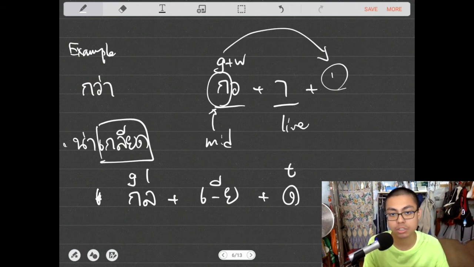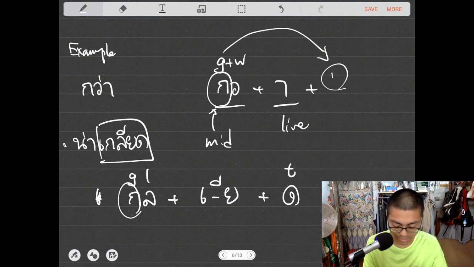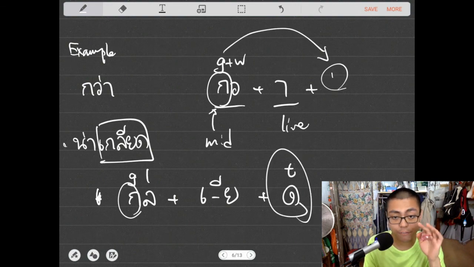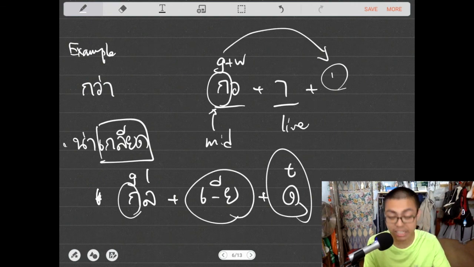The tone of this syllable is determined by the class of the consonant. We use the same rule, the ก tells you the tone of this syllable. Because we have a final consonant, a T stop, that means we have a dead ending. If we have a dead ending, we need to look at the nature of the vowel. Is it a long vowel or a short vowel? This time we have a long vowel.